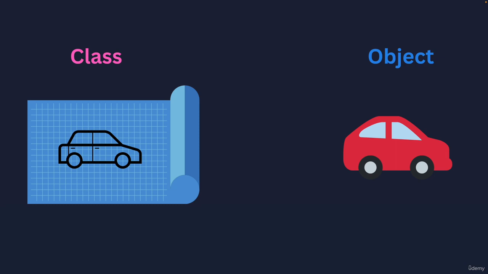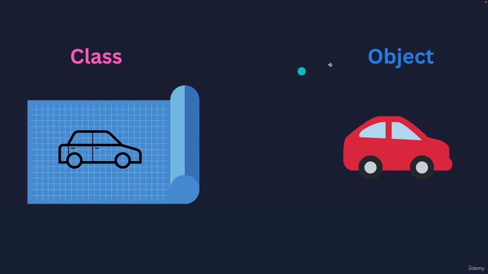So, to just do a quick recap, the way a class and object works is that a class, you can imagine it as a blueprint, right? And again, if you think about it, it's pretty much a blueprint where you have the plan for, let's say in this case, a car, right? So that is your class.